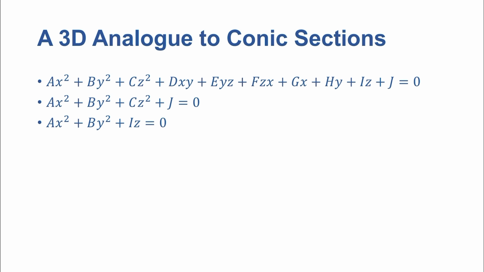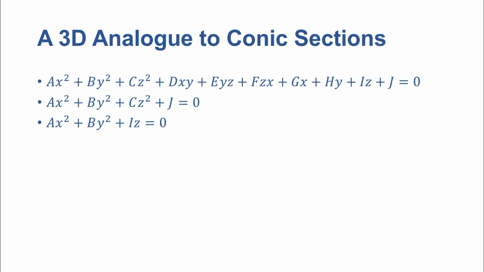This equation is ax squared plus by squared plus cz squared plus dxy plus eyz plus fzx plus gx plus hy plus iz plus j equals 0, right? So you've got squared terms, cross terms, and single degree terms, and then a single constant.